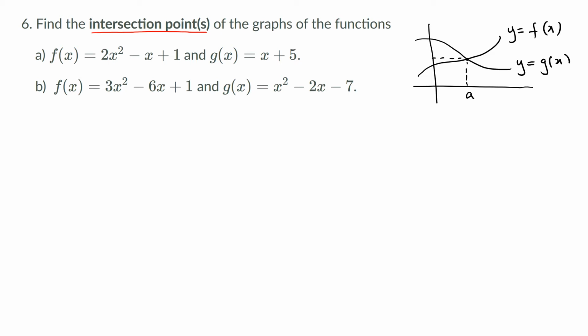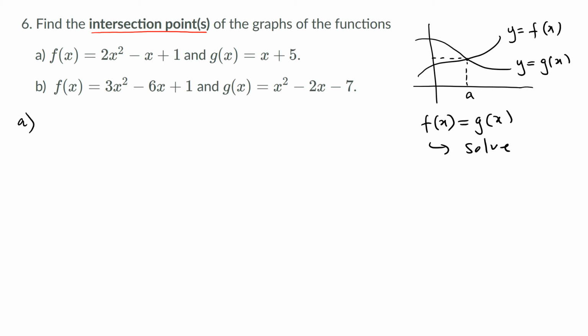So in theory, what we're going to do is set them equal and solve. So that's what we do in theory. So we can use that here to solve those two problems now. As the first one, let's look at this.